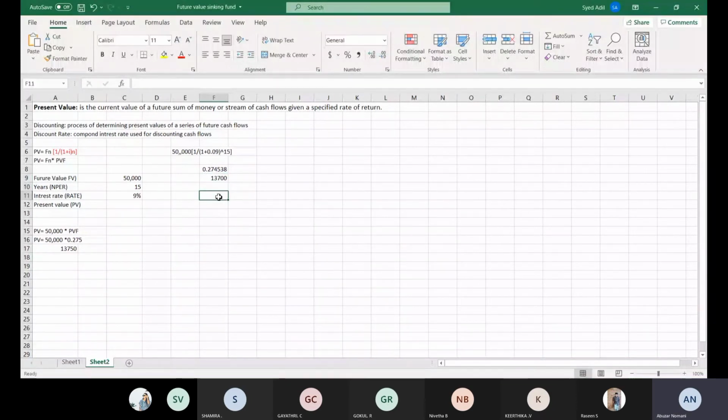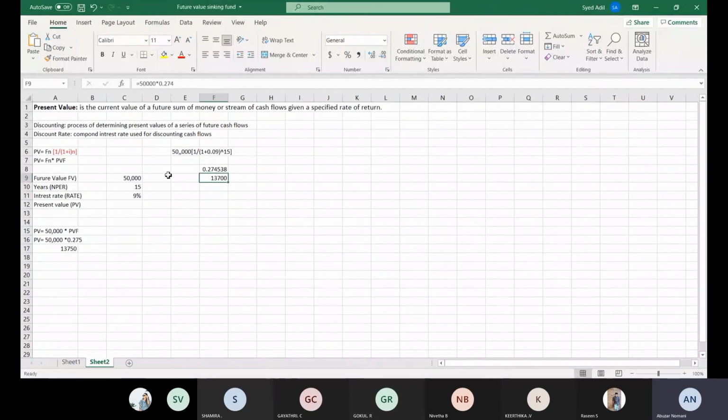The answer will be 13,700. If we take the whole value here, then the answer will change slightly. 13,700 we will get here.